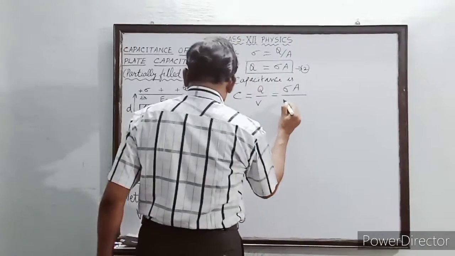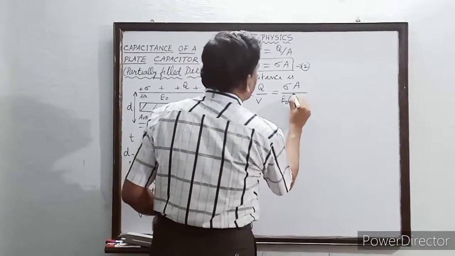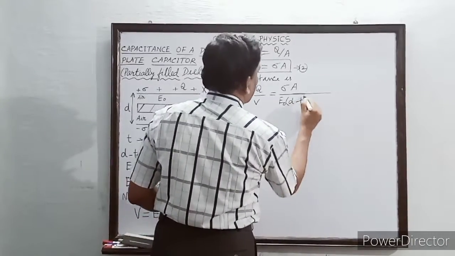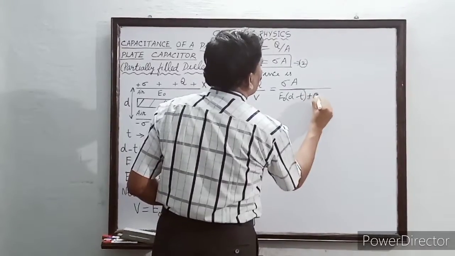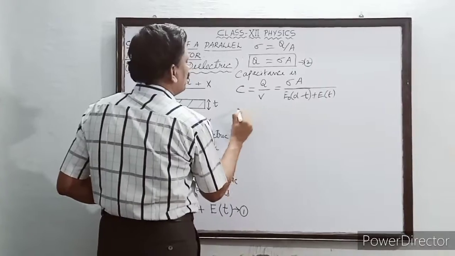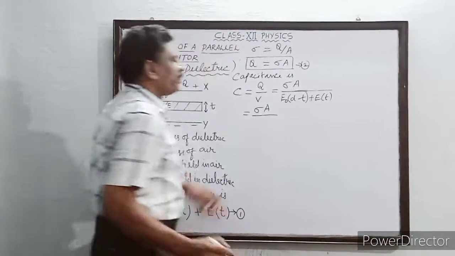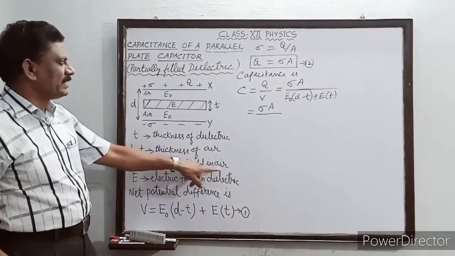So this is equal to sigma A divided by E naught into (d minus t) plus E into t. Here E naught is the electric field in the presence of air.